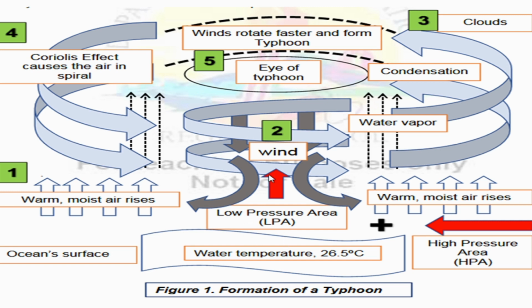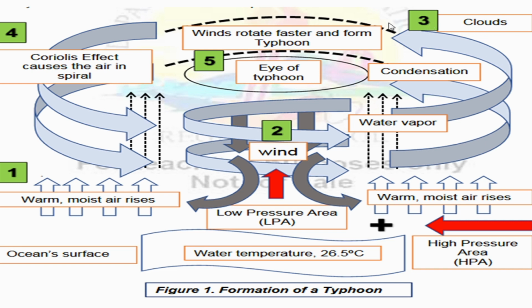Ang typhoon po nag-form, pero po siyang tinatawag na eye. May eye po siya, tapos dito sa side, eye wall. So, this is the eye of the typhoon. Winds rotate faster in forming typhoons. Yan. Yung number 3 ingredient natin, clouds.